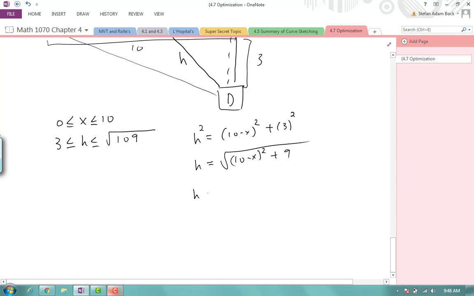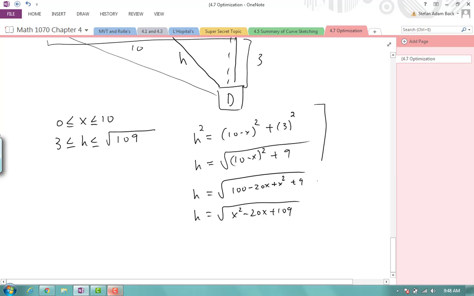And I don't know if it'll help, but I'll simplify it a little bit. This is 100 minus 20x plus x squared plus 9. So I have the square root of x squared minus 20x plus 109. Who knows if I'll be able to factor that.